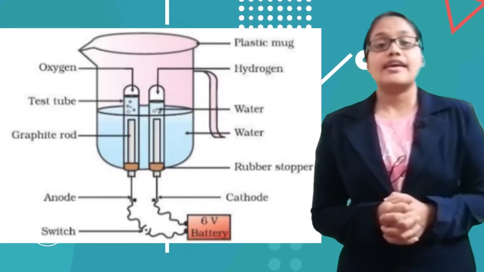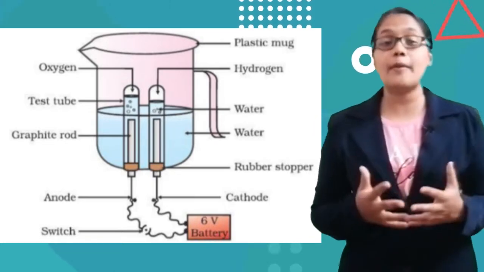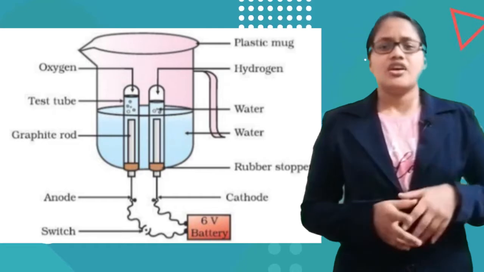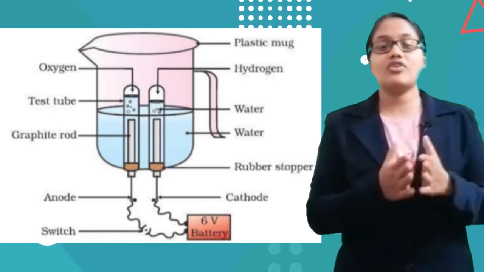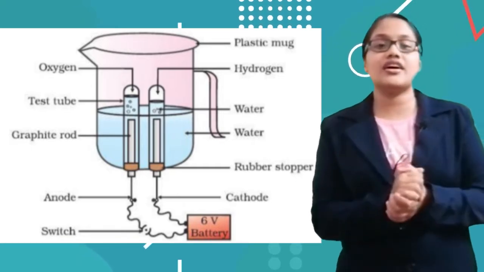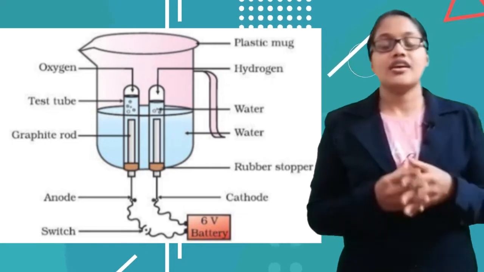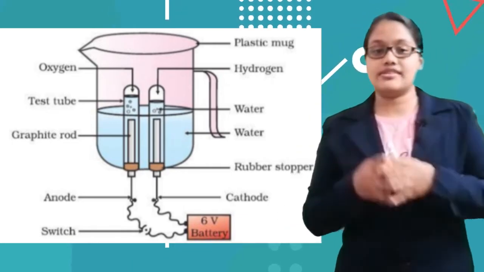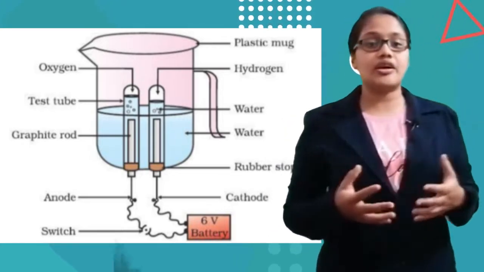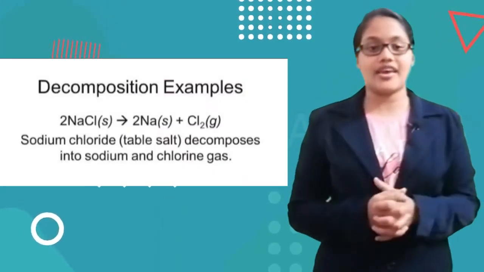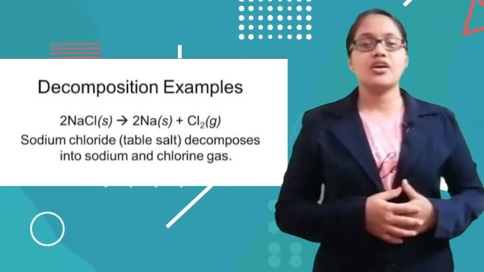Water can be split into hydrogen and oxygen on applying electricity. By giving electricity, we are lysing the water molecule, and hence such a process is called electrolysis. Using electricity, sodium chloride can be decomposed to produce sodium and chlorine.